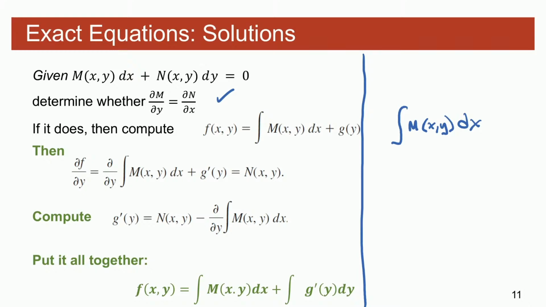Now, it's kind of hidden in all of this notation, but down at the very bottom, they actually compute the integral of n of xy dy. I know it doesn't look like it, but it's embedded in that stuff down there. So just so you know, we did both of those. So you do this one. Don't even worry about g of y. Ignore it. And then do this one, which is embedded in here.